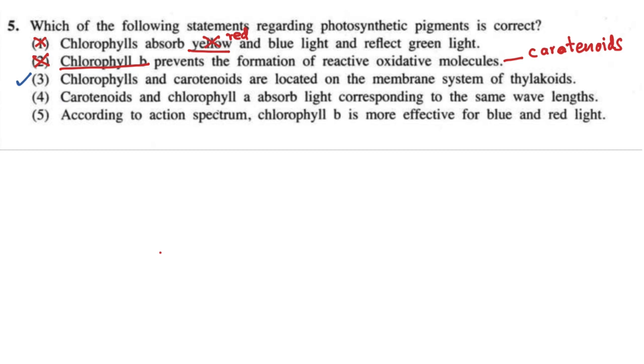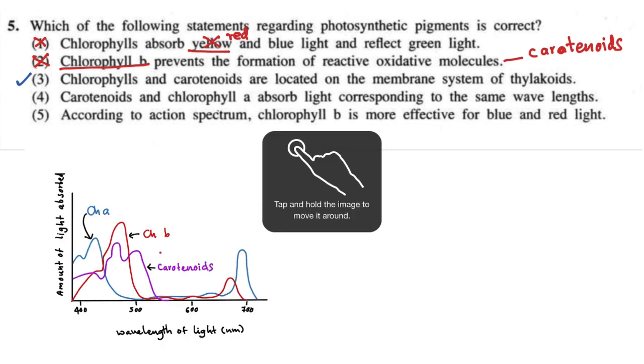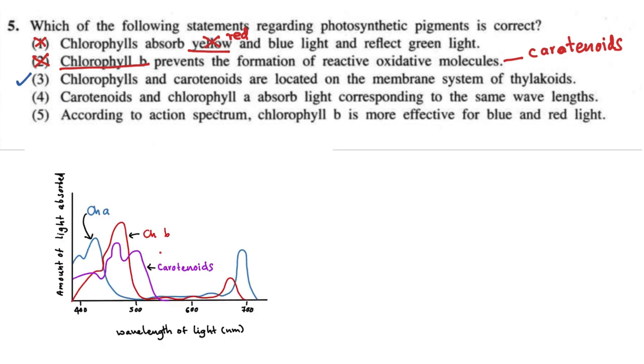Number 4, carotenoids and chlorophyll A absorb light corresponding to the same wavelengths. To see that, we need to take the absorption spectrum. So here we have the absorption spectrum.